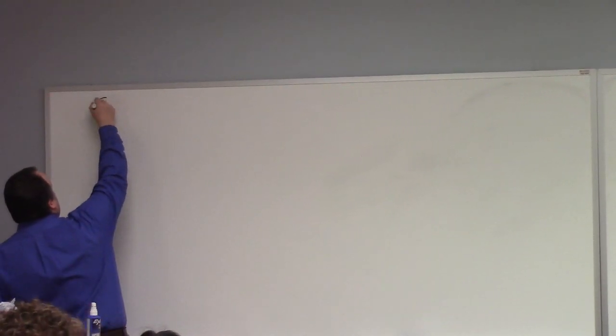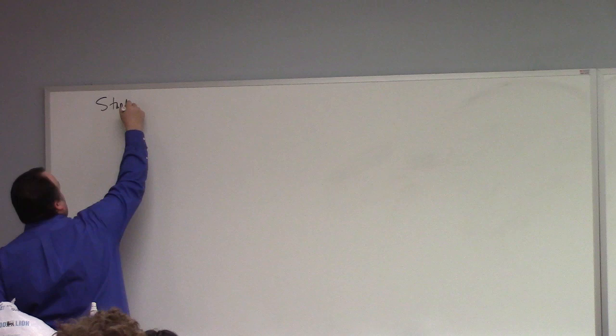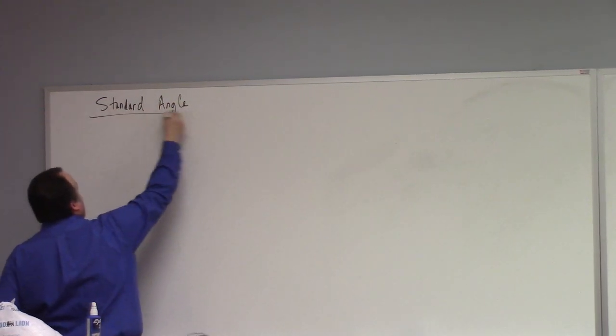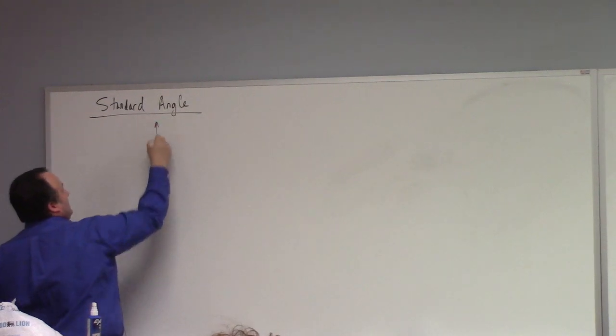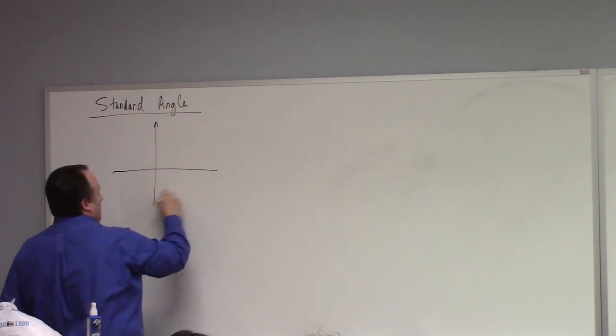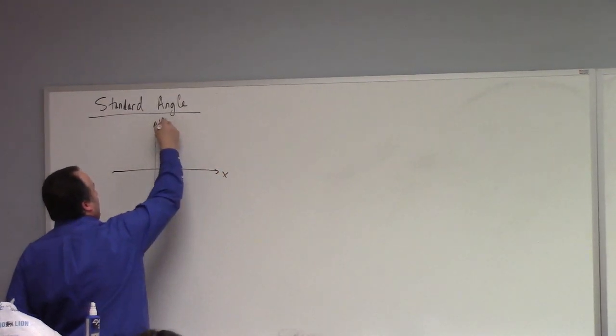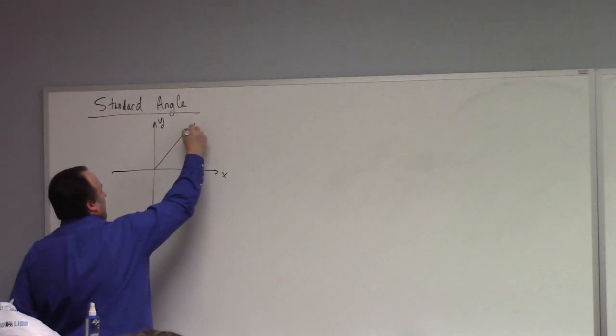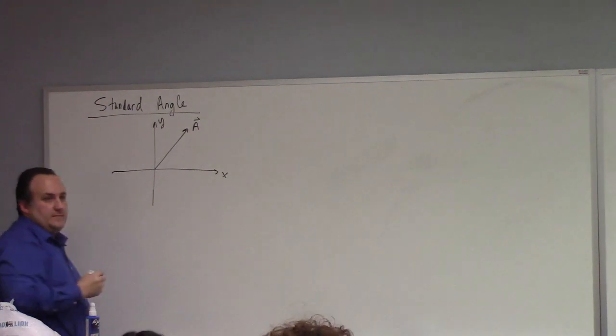All right, so let me get straight into it. If we have a vector in the plane, we can talk about its standard angle. So here's x, here's y. This is my vector, A, right?